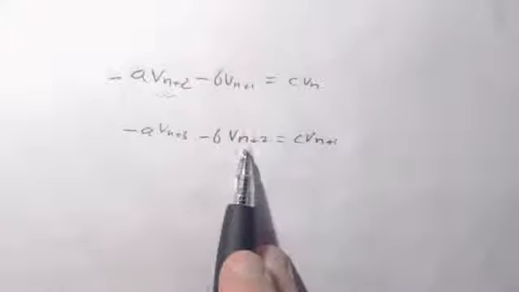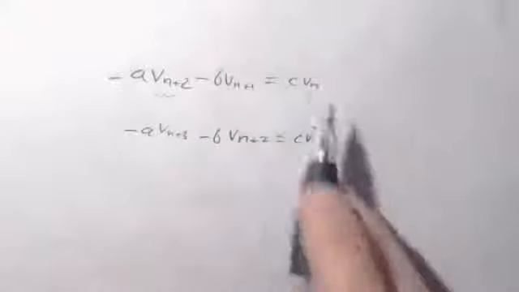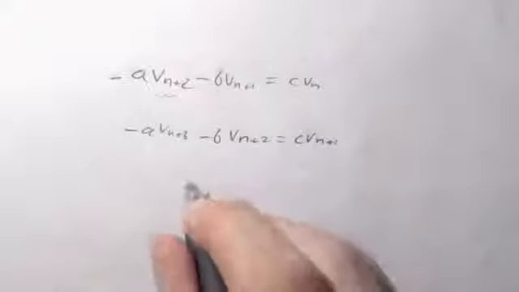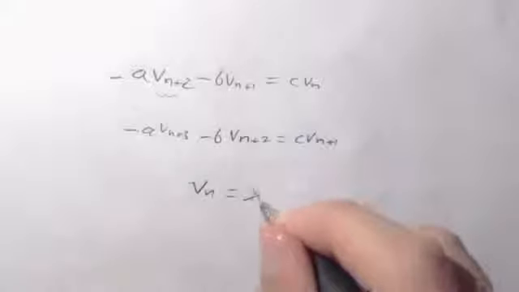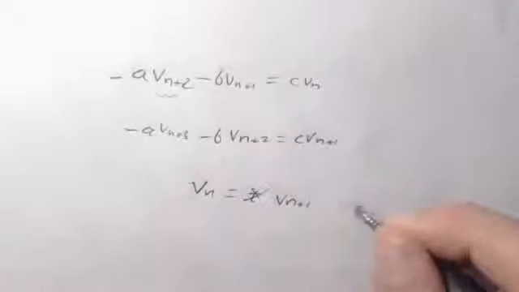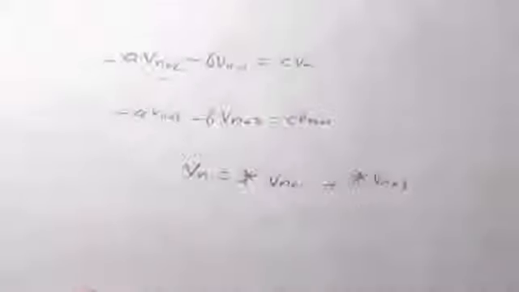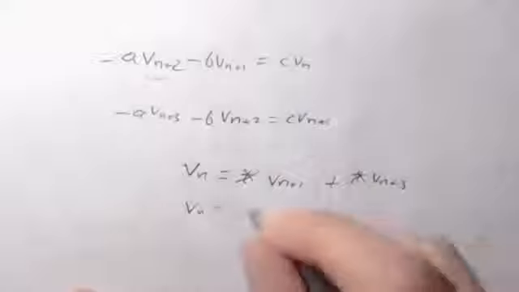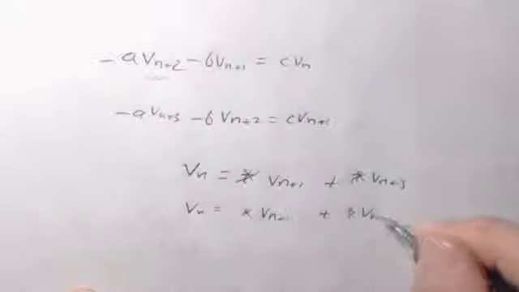And if I use this to write the Vn plus 2 in terms of the Vn plus 3 and the Vn plus 1, I'll get Vn equal to something times Vn plus 1 plus something times Vn plus 3, and if I continue I can get Vn equals something times Vn plus 1 plus something times Vn plus k.